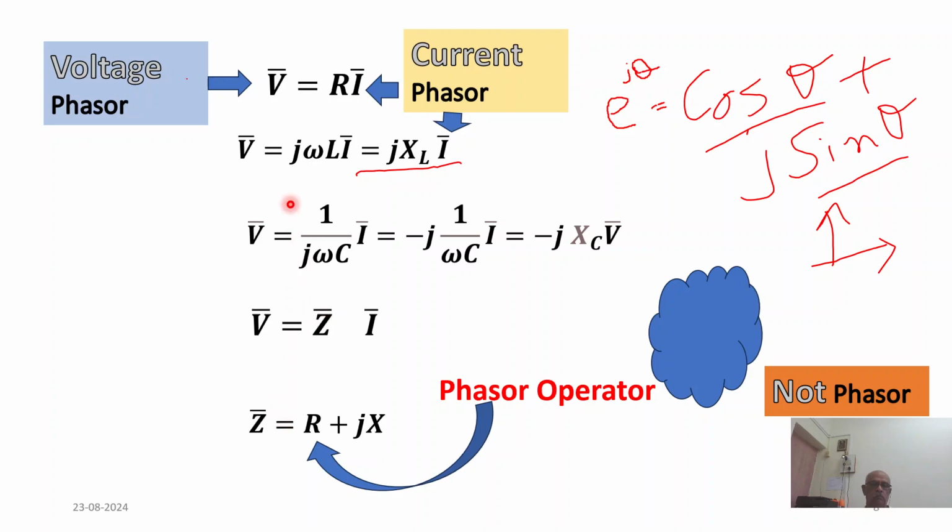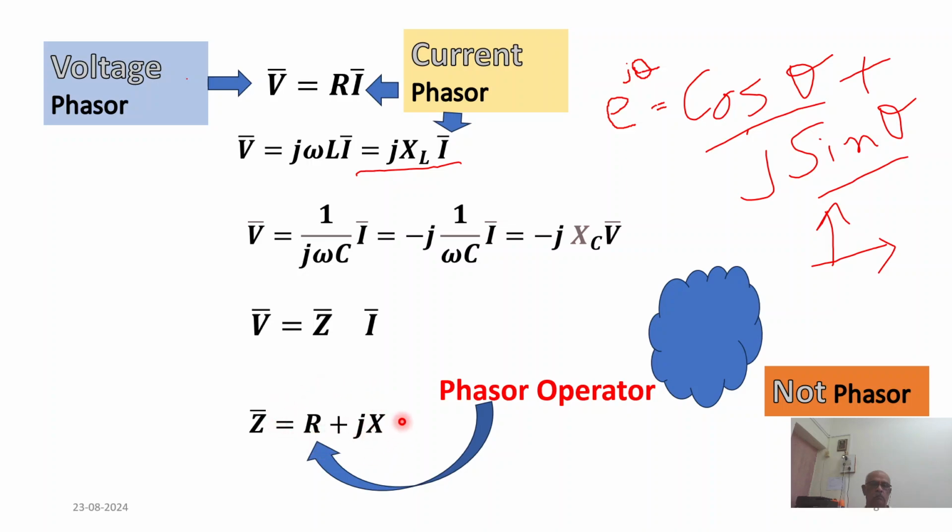In general, I can have an RL circuit or an RC circuit or an RLC circuit, and we know that we define the impedance Z equal to R plus jX. So for a circuit where we have got a combination of resistance, inductance, and capacitance, we go for a third quantity called the impedance, which is the summation of the reactance plus resistance.